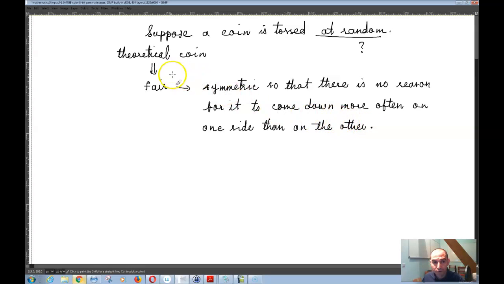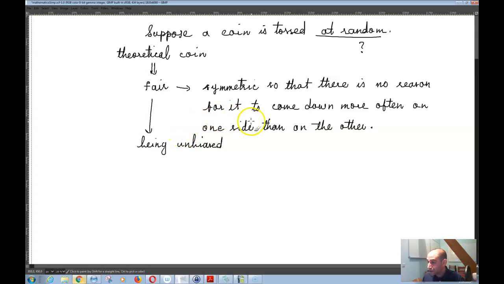So that's the first thing that we need to take into consideration, and we call this property of the coin as being unbiased. That is an unbiased coin, meaning that the coin is completely symmetric. There is no reason for it to come down more often on one side than on the other.